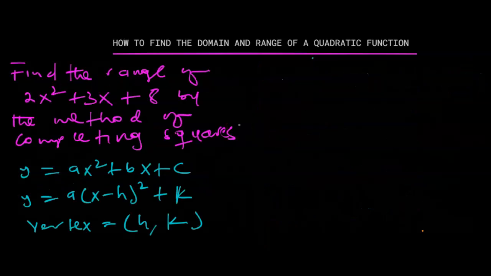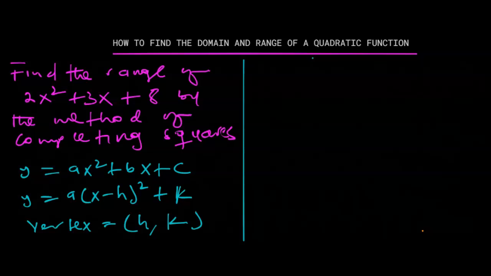Now, let's take this question using the method of completing squares. The question says that you find the range of 2x squared plus 3x plus 8 by the method of completing squares.